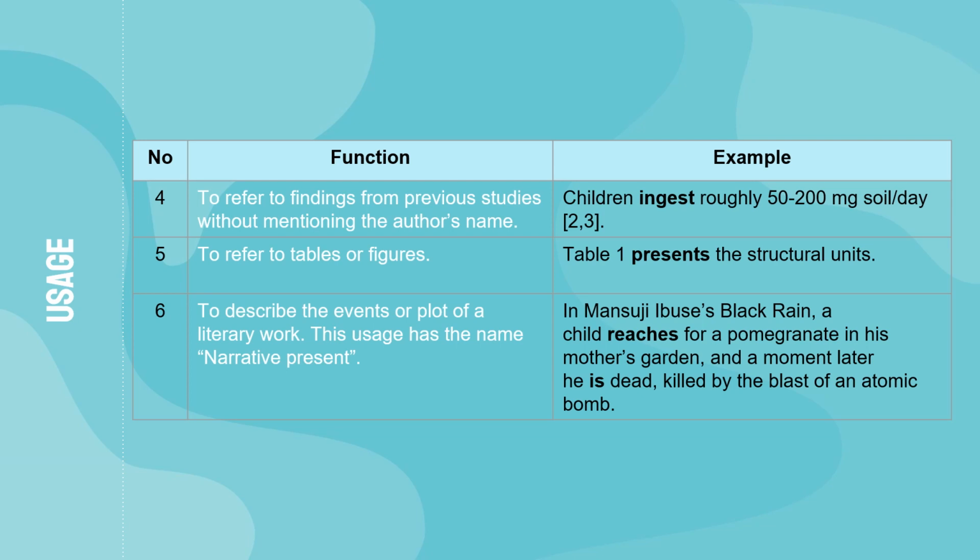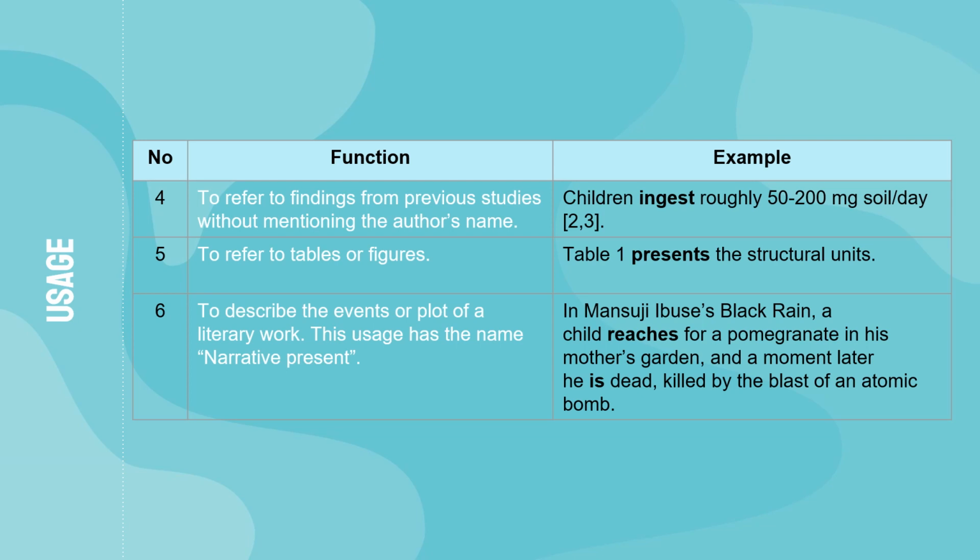Now, another function of simple present in academic writing is to refer to findings from previous studies without mentioning the author's name. Example, children ingest roughly 50 to 200 milligrams soil per day.